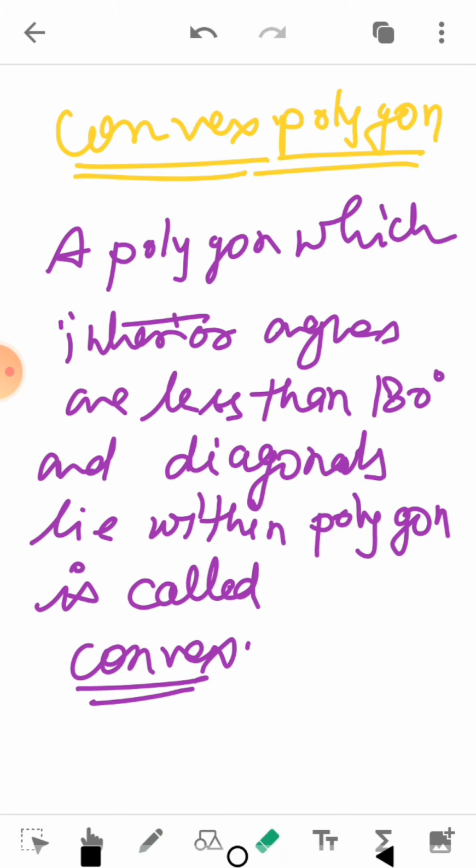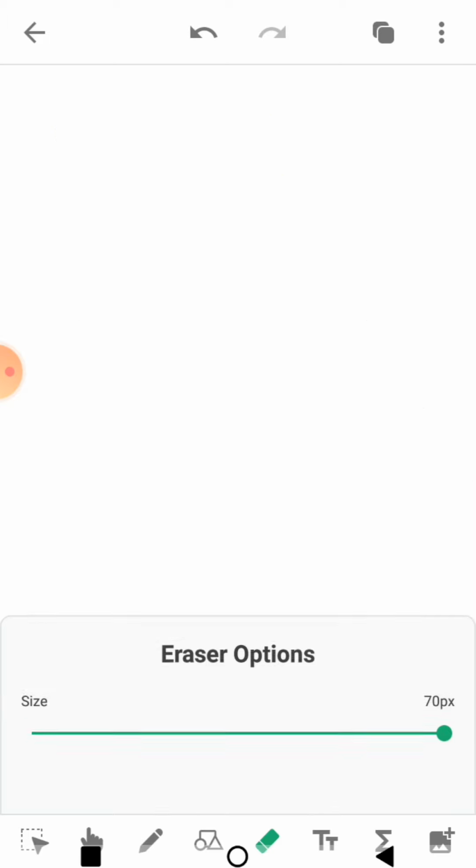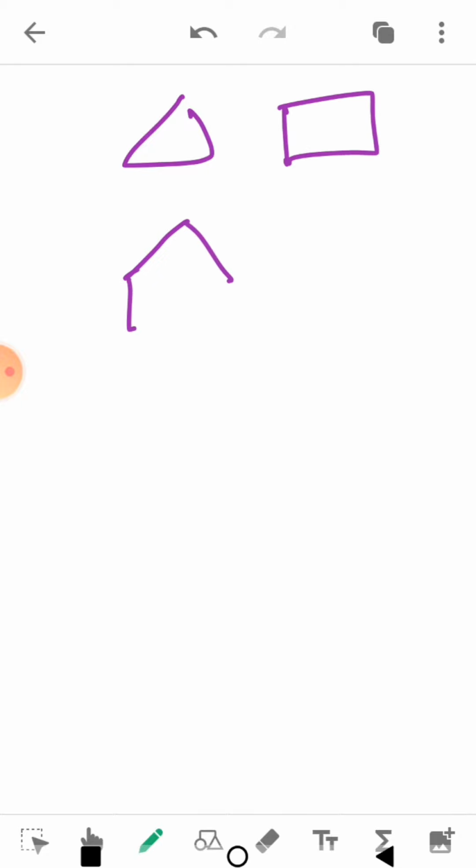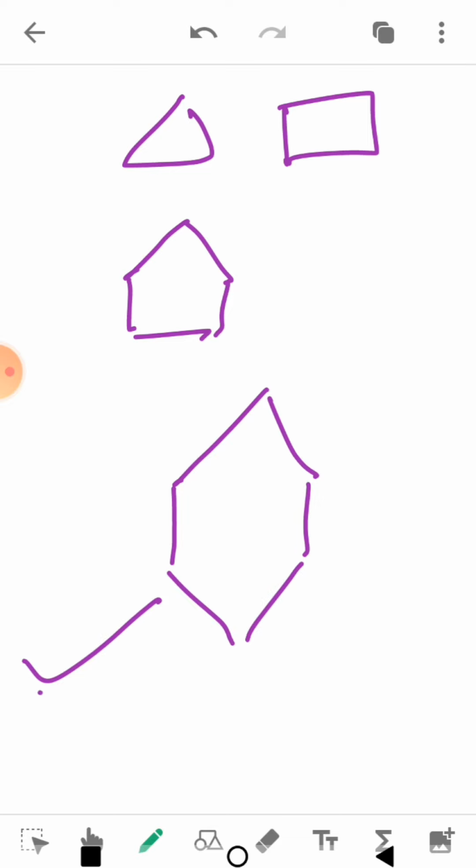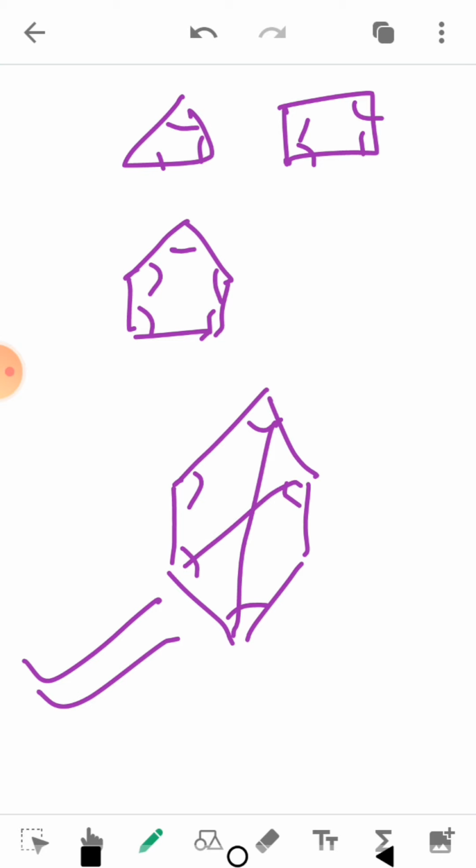For example, what will be the figure? For example, these are all convex polygons because all the interior angles are less than 180 degrees. Okay, in every case, all the interior angles are less than 180 and all the diagonals lie within the polygon.